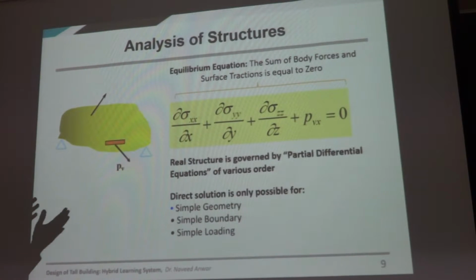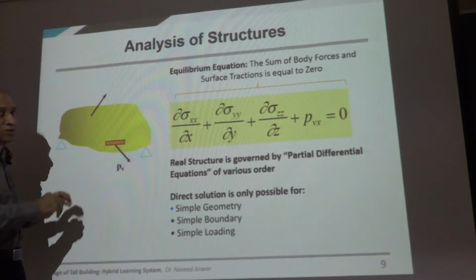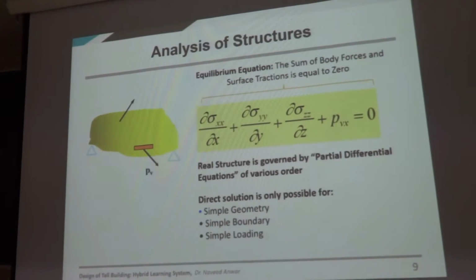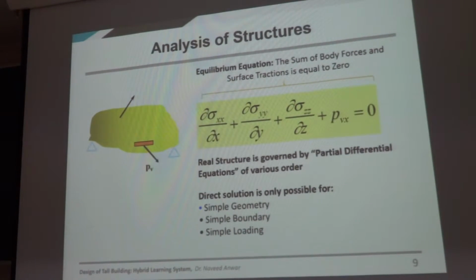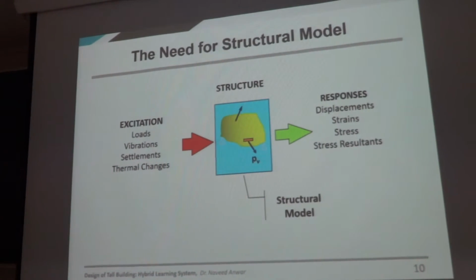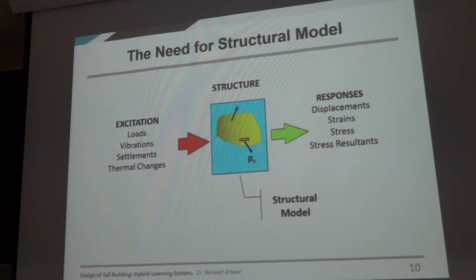We still need to solve this equation, but not as an entirety for a structure like this. It's just too complicated. Even to form this equation, forget about analysis. And instead of the real structure, we create a model of a structure, because the real structure is too complex.